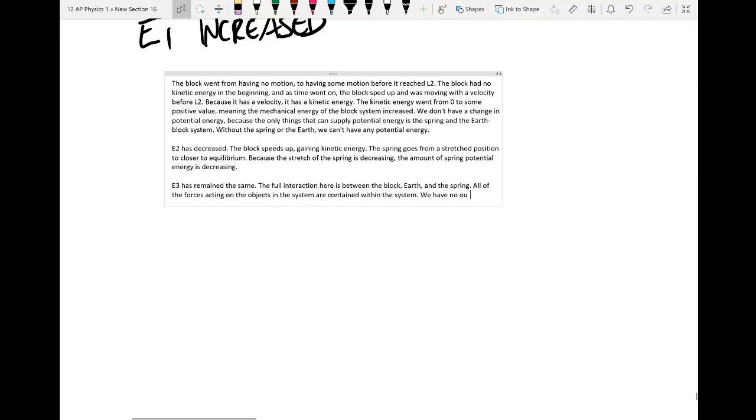We have no outside forces acting on the system, which means that within our system, energy has to be conserved by the conservation of energy.